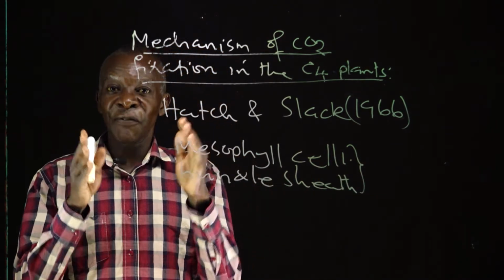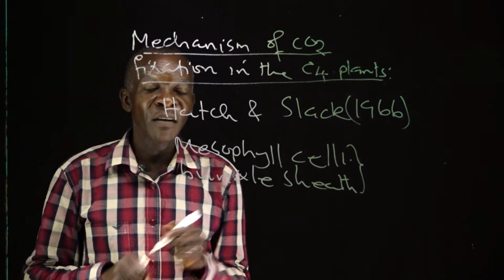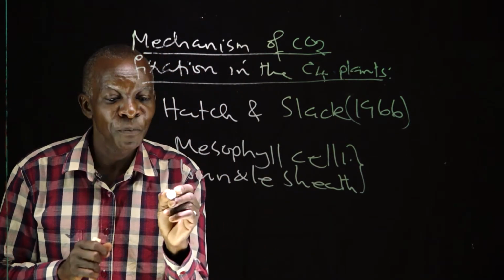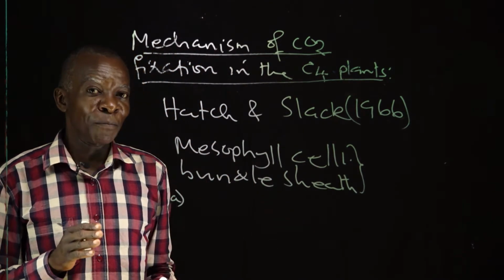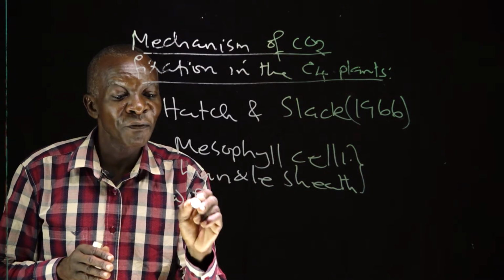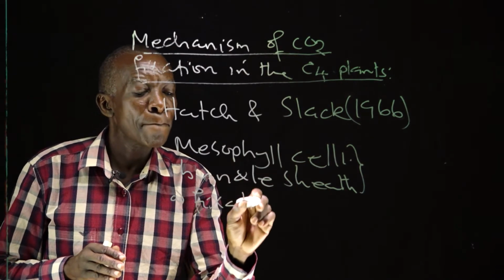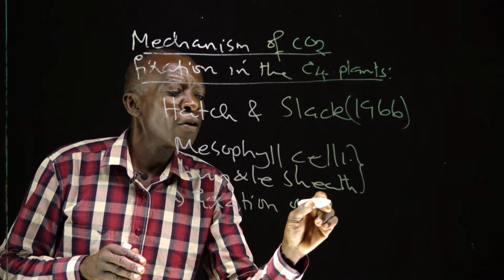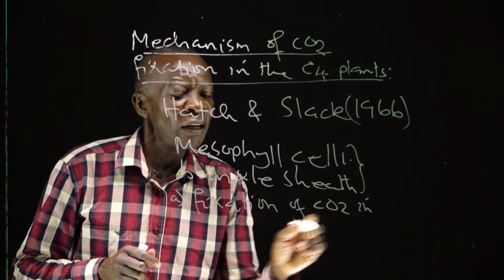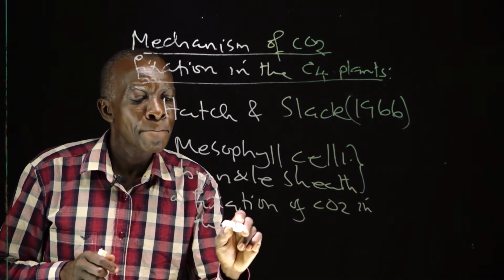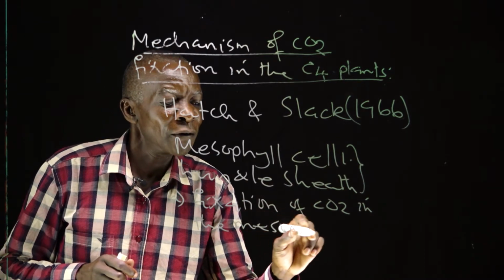And this fixation involves 4 steps. The first one is fixation of carbon dioxide in the mesophyll.